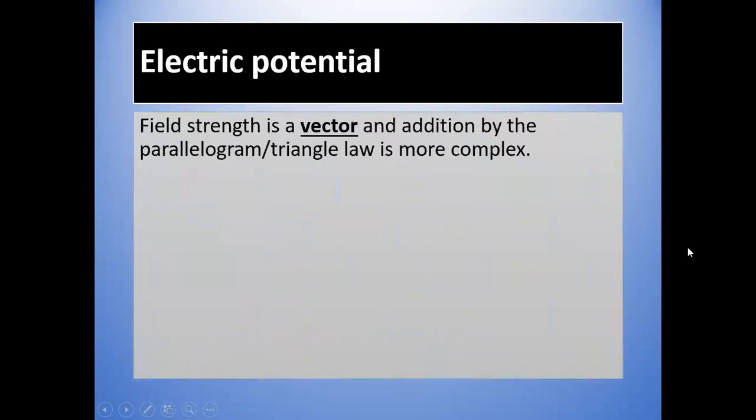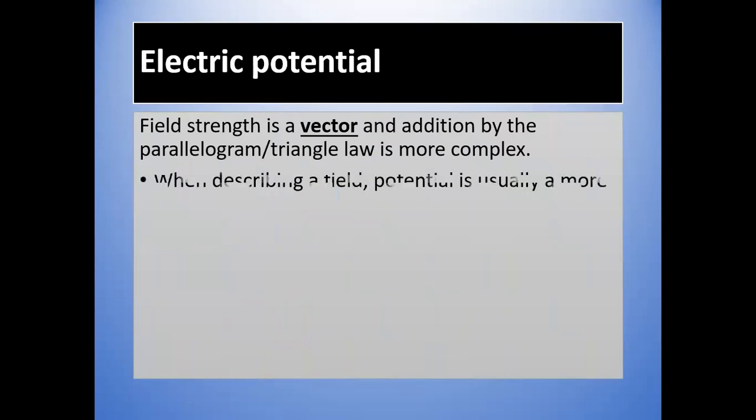Remember that electric field strength is a vector. So wherever we add vectors, we have to use either the parallelogram rule, triangle rule or polygon rule, and it becomes very complex, difficult to calculate, a lot of work involved.